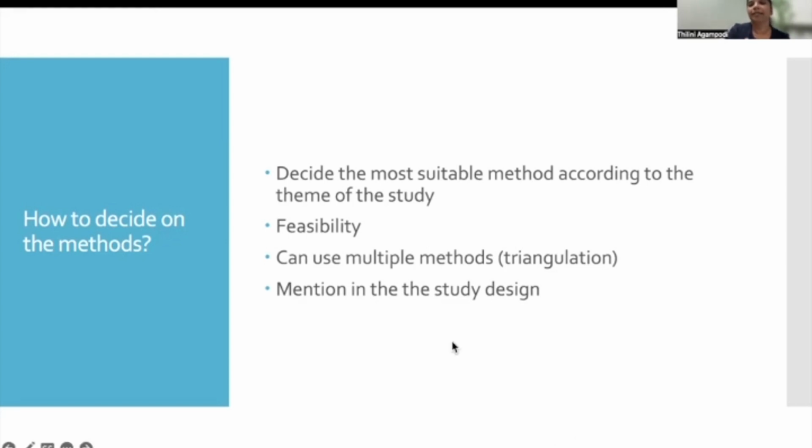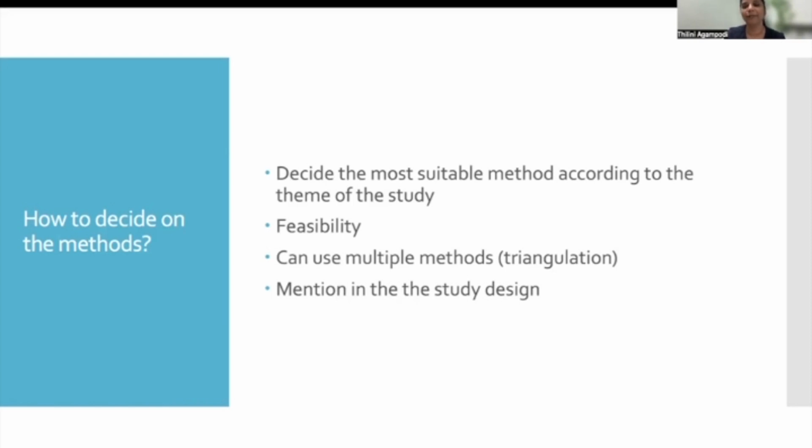So when you write the proposal or article manuscript, you write the study design, right? Including these particular types of methods you use. So maybe this is a qualitative design. We used in-depth interviews of this type of patients and focus group discussions among healthcare workers.